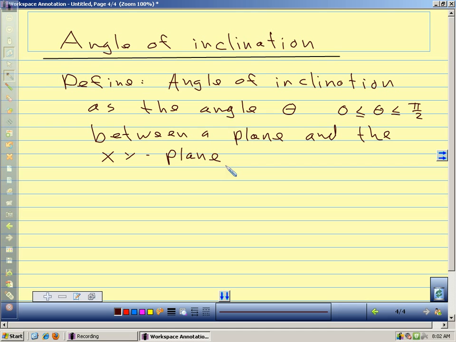So if we have two planes, how do we figure out the angle between the two planes? Thinking back to chapter 11. We define the angle between two planes as the angle between their normal vectors.